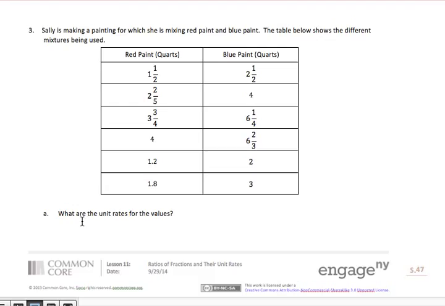In problem number 3, Sally's making a painting where she's mixing red paint and blue paint, and the table shows the different mixtures that are being used. To find the unit rates for the values, we need to divide the blue paint by the red paint. So to find our unit rate, we would divide 2 1/2 by 1 1/2.